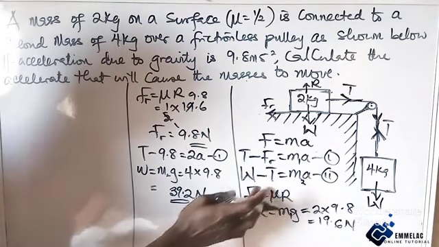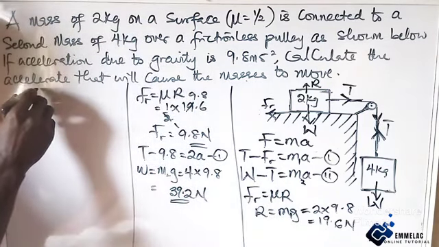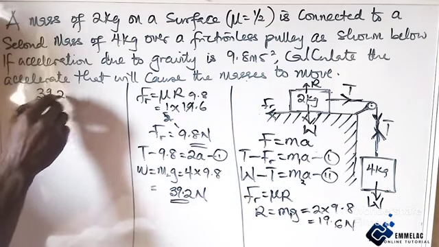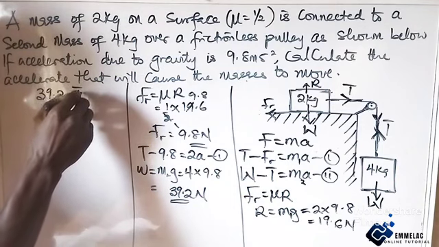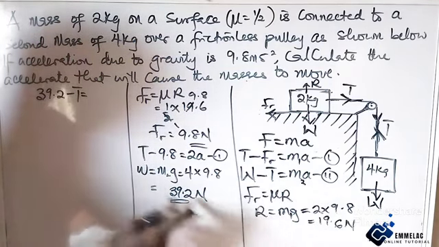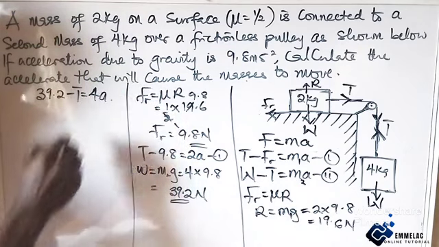So with this we can now say 39.2 minus the tension equals our mass here, which is 4A.